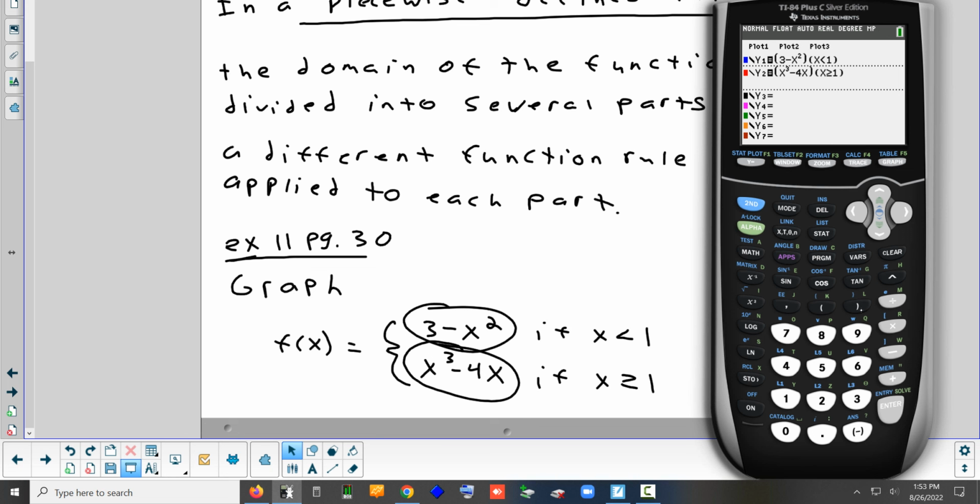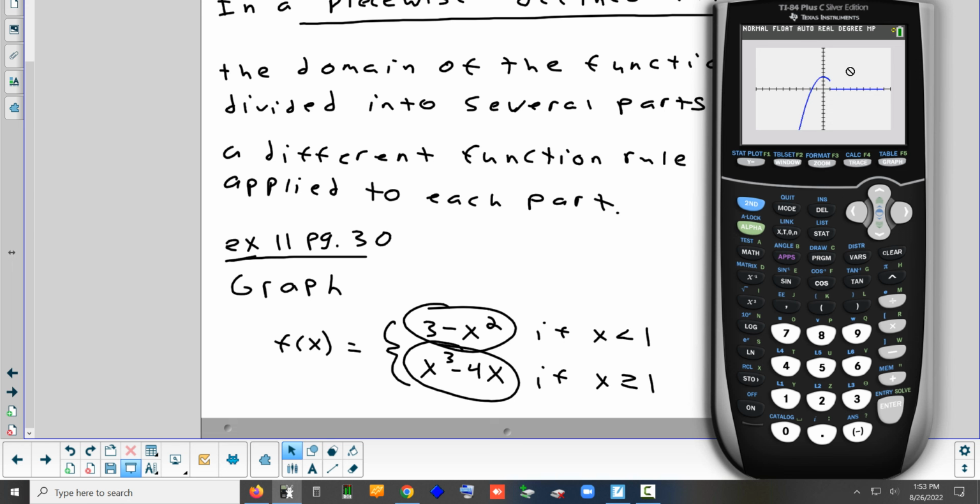And now the calculator is going to draw 2 different pictures on the same graph, but it's going to draw the top one when x is less than 1, and it's going to draw the bottom one when it's greater than or equal to 1. Right, let's do zoom 6 and see what it looks like.